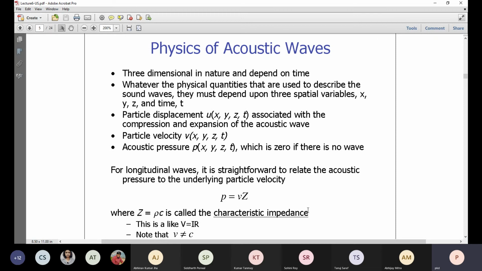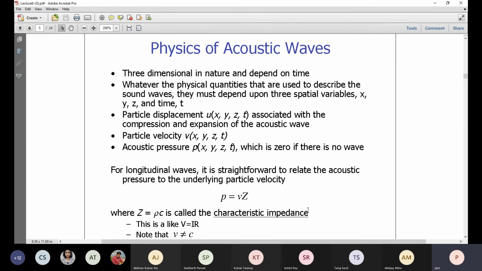So if it propagates in 3 dimensions as a spherical wave, then the phase will change in a radial fashion instead of a planar fashion like that we have discussed in our plane wave description, that the ultrasonic wave is some amplitude times exponential of i into omega t minus kz. So basically that z is the distance traveled.